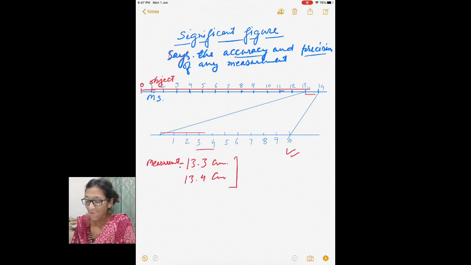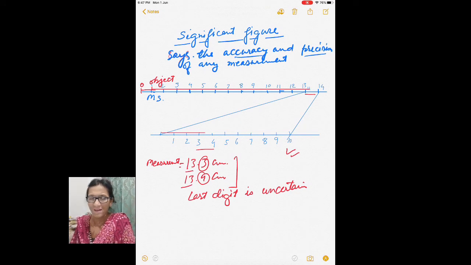So what we see from here, that this last digit is uncertain, and the rest of the digits are certain as they are directly read from the measuring instrument.